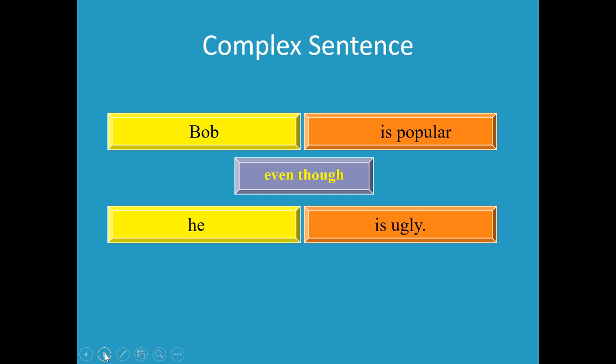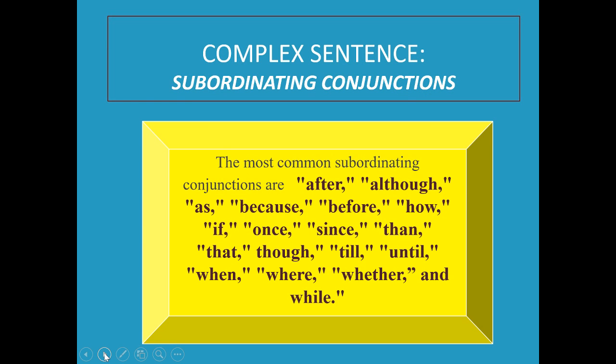The independent clause here is the first part, Bob is popular. And then the dependent clause is introduced by a subordinating conjunction.